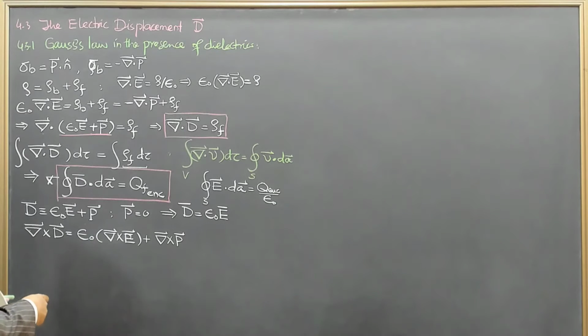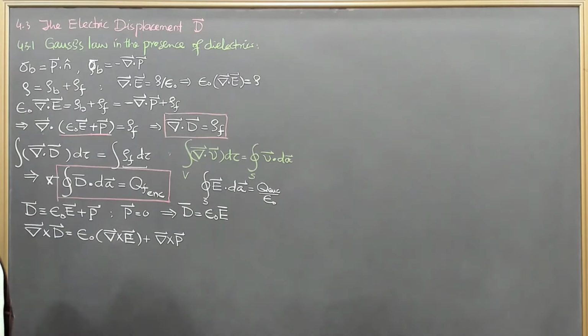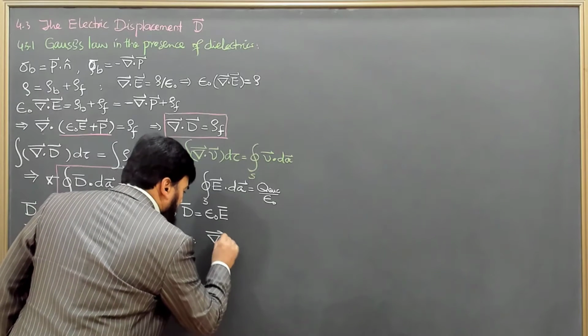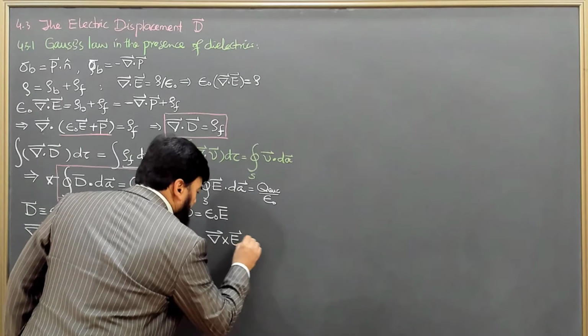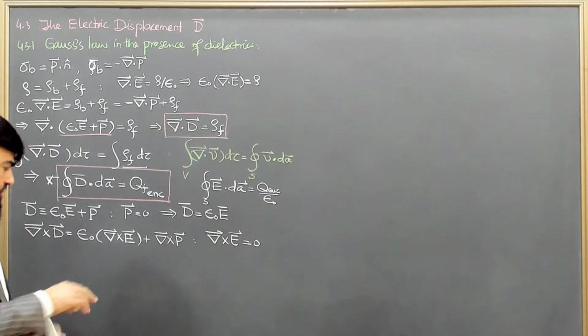Now I know that for electrostatics, del cross E is always equal to 0. We are in that regime.